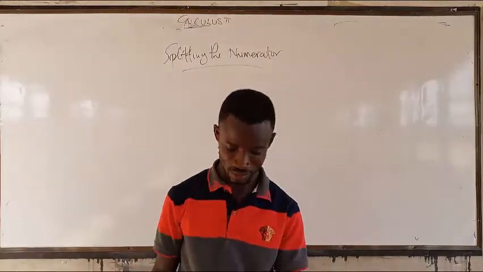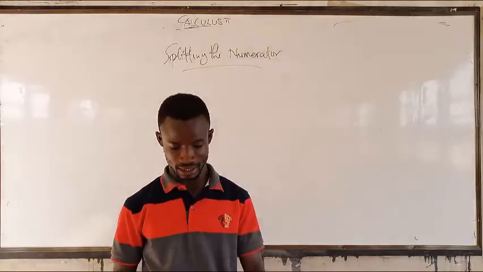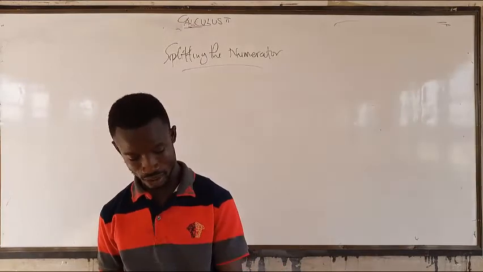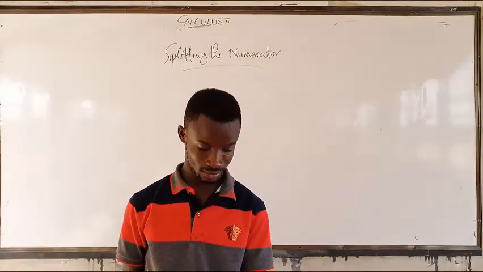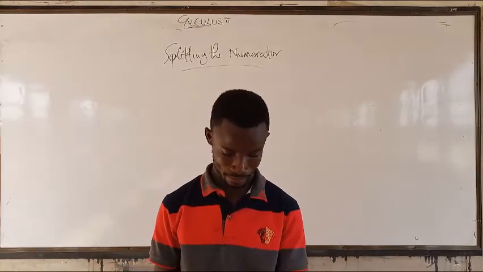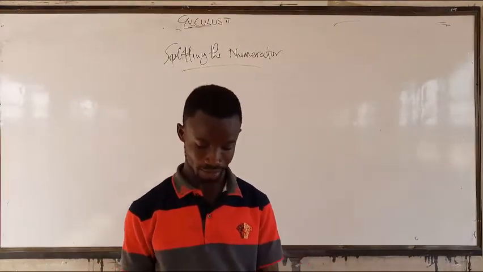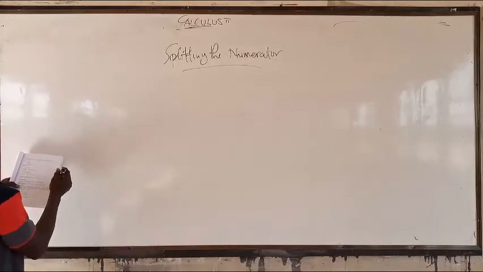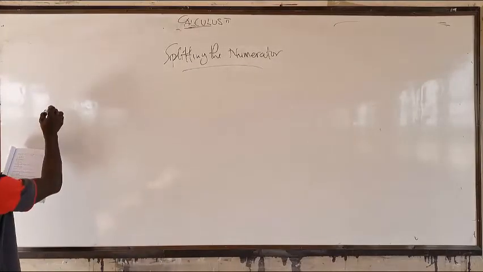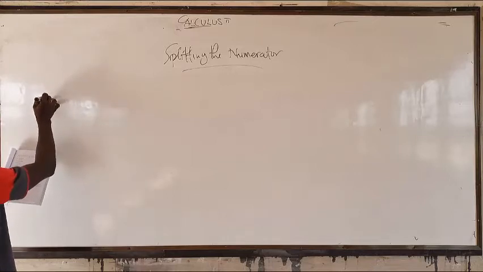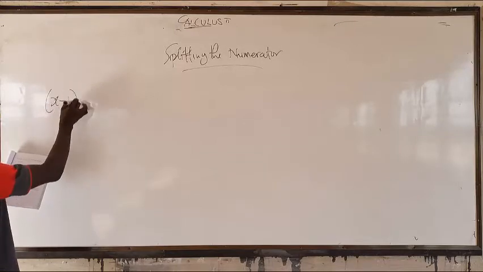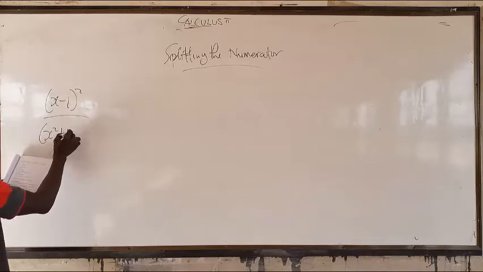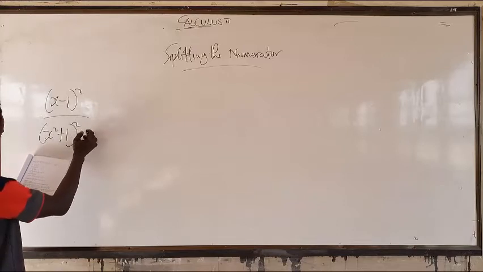Also, we can get something like this. We can also get something like, hey, where is this? Okay, we can also get something like (s minus 1) squared over (s squared plus 1) all squared.